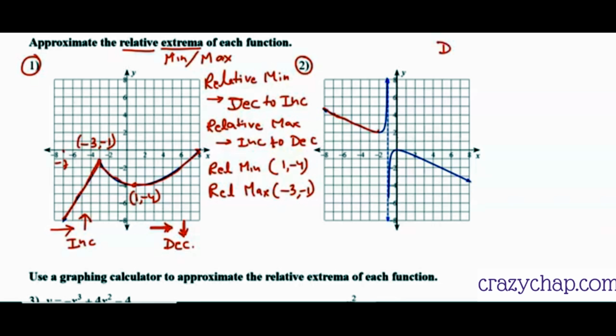So the relative minima is negative 2 comma, and this point is the peak, so it is the relative maxima, which is 0 comma. Okay, fine. Let's come to the next question.